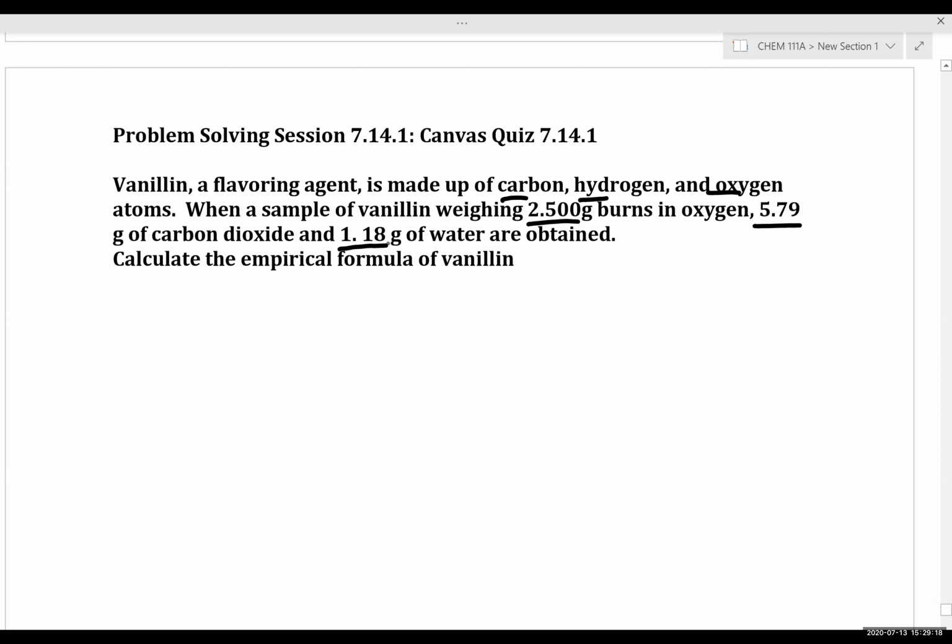So let's really try to make sure we're comfortable with these empirical formula calculations from combustion analysis, and then we'll discuss momentarily.